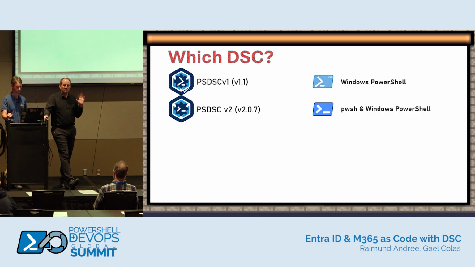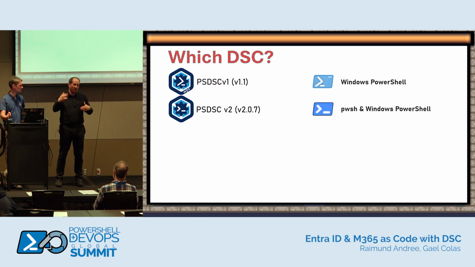This one supports PowerShell 7, the latest PowerShell, and Windows PowerShell for some of the things. So it can execute in either PowerShell 7 or PowerShell 5. And also you can do compilation of the MOF file. We will get back to that later. But that's a new version of the module that you can install from the gallery.